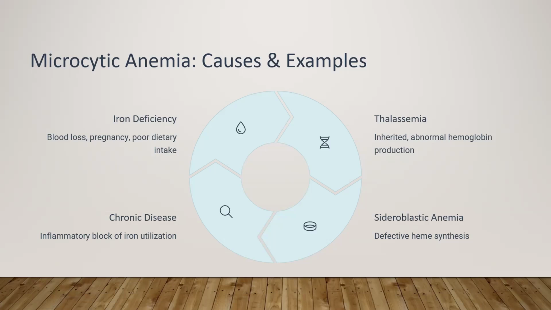Microcytic anemia also could be due to inherited diseases such as thalassemia or sideroblastic anemia, and also due to chronic disease. So the most common causes of microcytic anemia are iron deficiency anemia, thalassemia, sideroblastic anemia, and chronic disease.